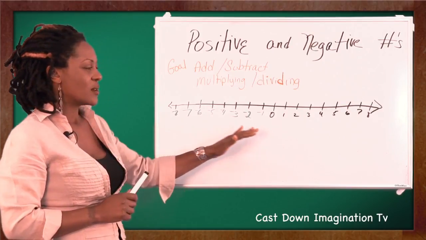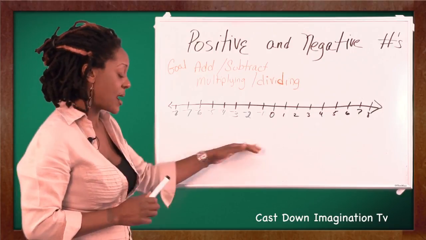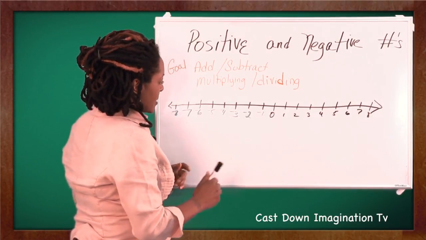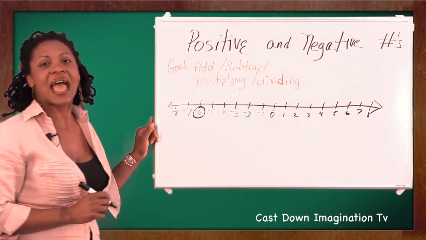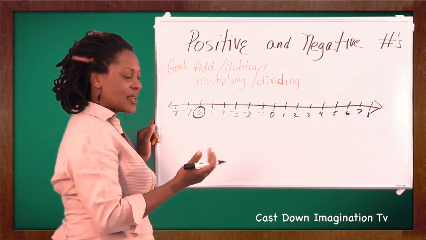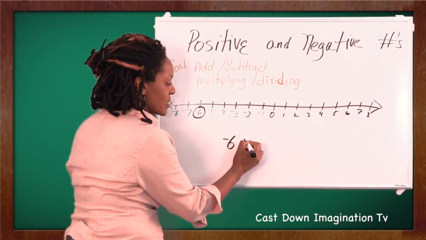So again, I just want to visually keep this number line up to show you adding and subtracting positive and negative numbers. All right, so let's say we're here at -6, and we want to add, let's say 3. So how would you see that in an expression? We'd say -6 plus 3.